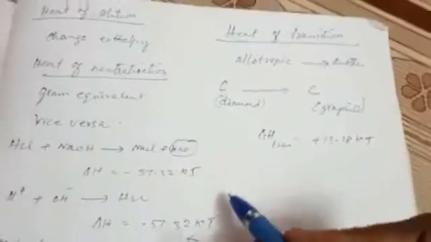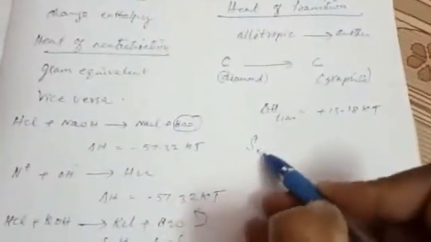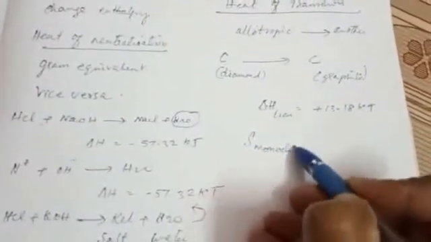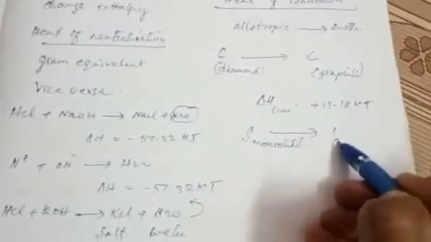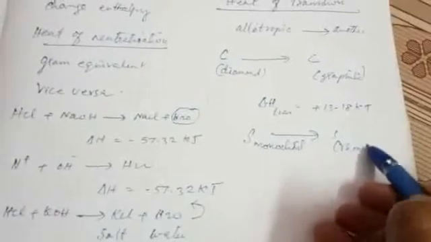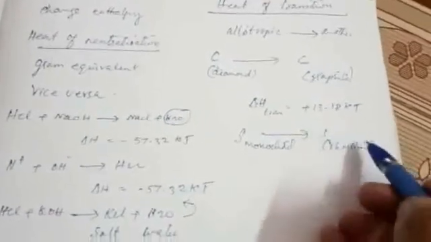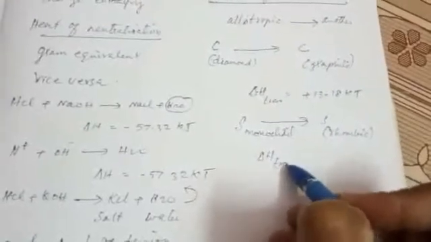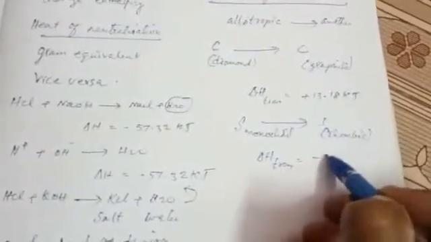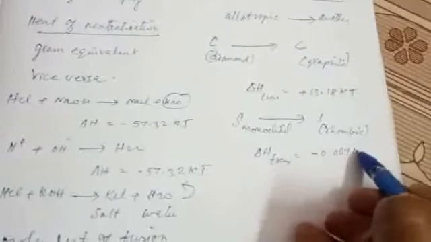Similarly, sulfur: monoclinic sulfur to rhombic sulfur. Delta H transition equals minus 0.067 kilojoules.